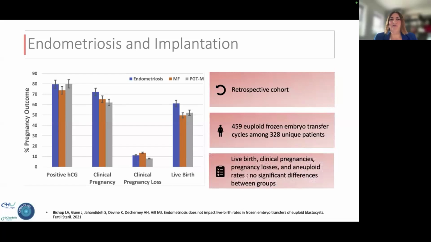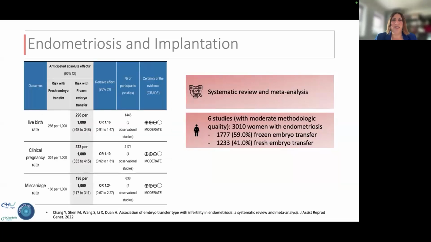And this study found no significant differences in clinical pregnancy rates, pregnancy losses, or live birth rates between endometriosis patients and controls. And euploidy rates were similar, suggesting that endometriosis may not impact IVF outcome through endometrial receptivity, but leaving its effect on oocyte quality or the endometrium unclear.